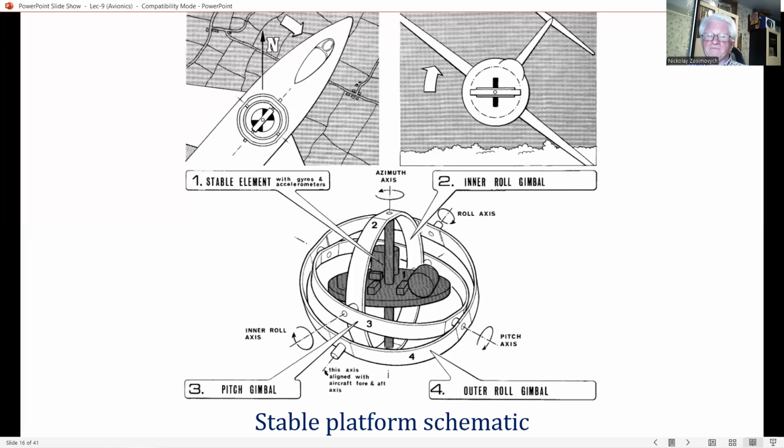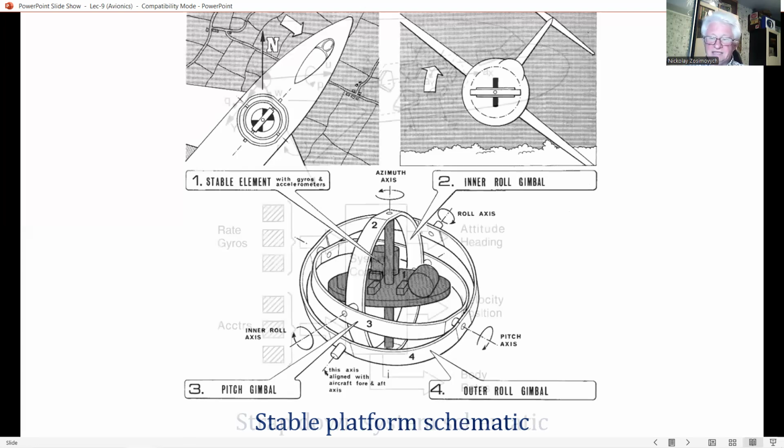The stable platform mechanization of an INS, this inertial navigation system, is also easy to visualize, and so is used to explain the basic INS principles, such as Schuler tuning, about which we will be discussing a bit later.